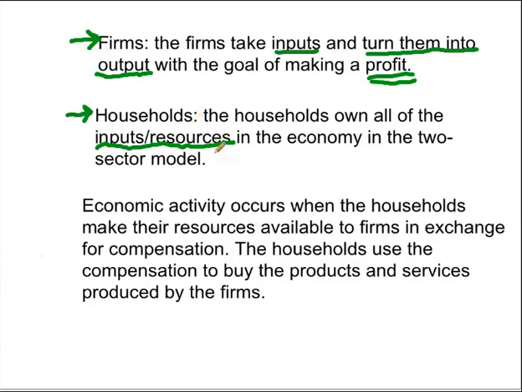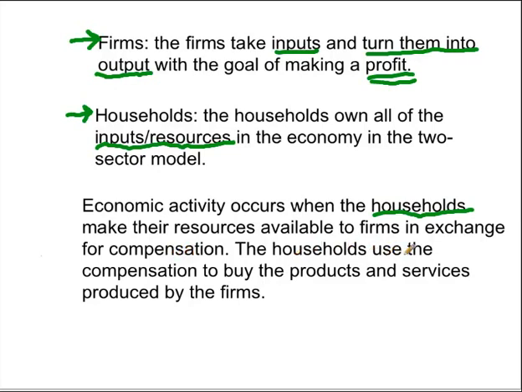Okay? So economic activity takes place when the households, so the people, make their resources, so for example, make their labor available to firms in exchange for compensation. So you make your labor available to, say, McDonald's in exchange for a paycheck, for compensation. And then what will you do with that pay?